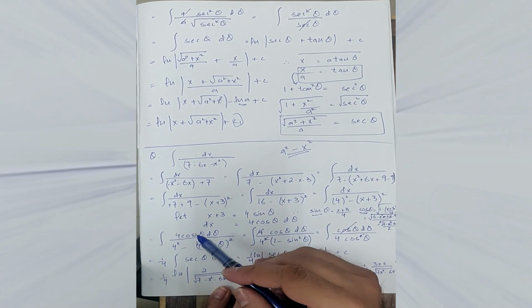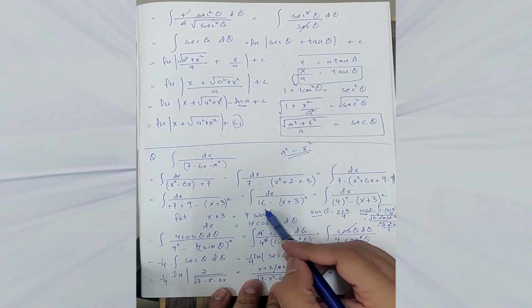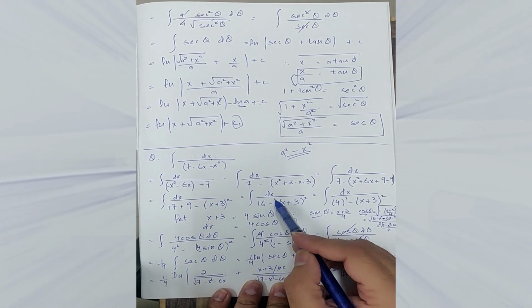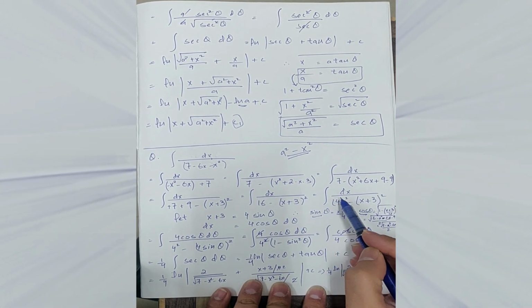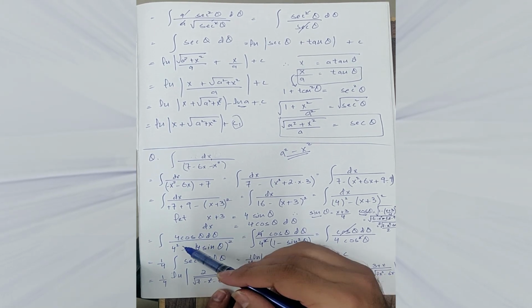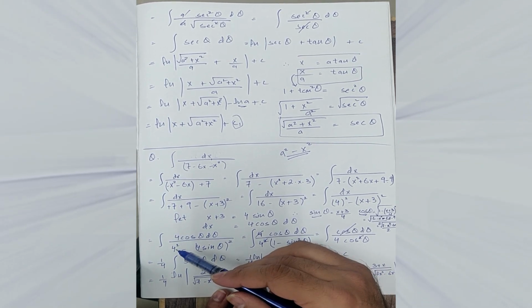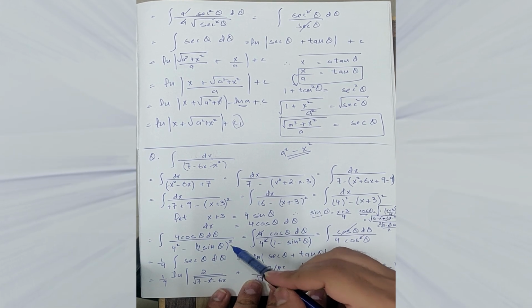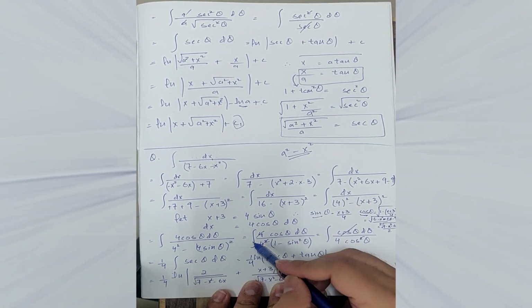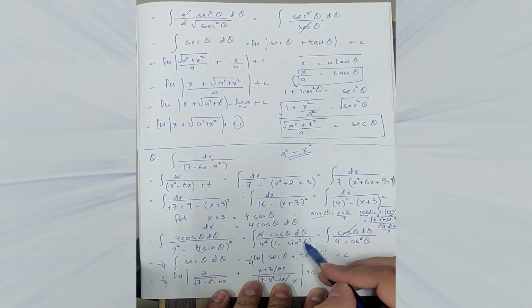Okay, now what we do here, we put the values of x plus 3 and dx in this expression. So it becomes 4 cos theta d theta divided by 4 square minus 4 sine square theta. So this 4 square will be taken common, and it becomes 1 minus sine square theta.